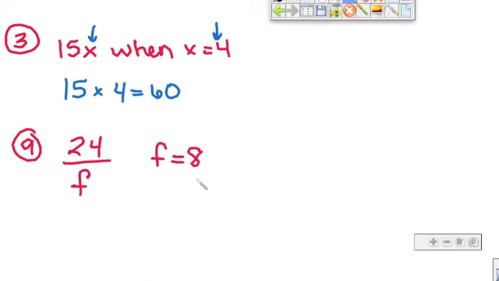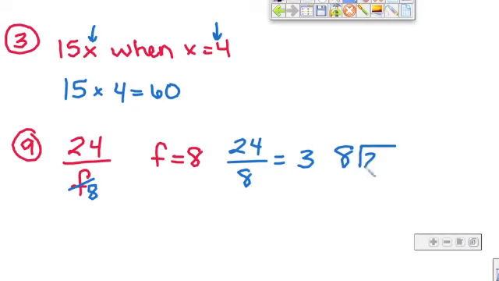Okay, so I'm going to substitute in this 8 for f and swap those two out. So I wind up getting 24 over 8, which is going to be 3. And I got 3 because I divided. Remember, fractions just mean to divide. Top number goes inside the box, which looks like this. And we all know that 8 times 3 equals 24.